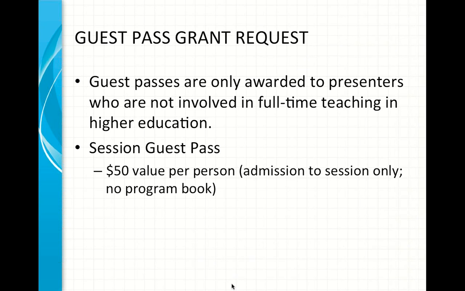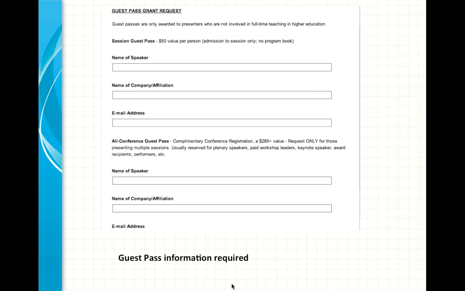There are two types of passes that we give. One is a session pass, which is a $50 value per person, and that's the admission to your session only. It doesn't give them access to the full day of the conference or the full 3 days of the conference. It's just for them to come in, present at their session, and leave.